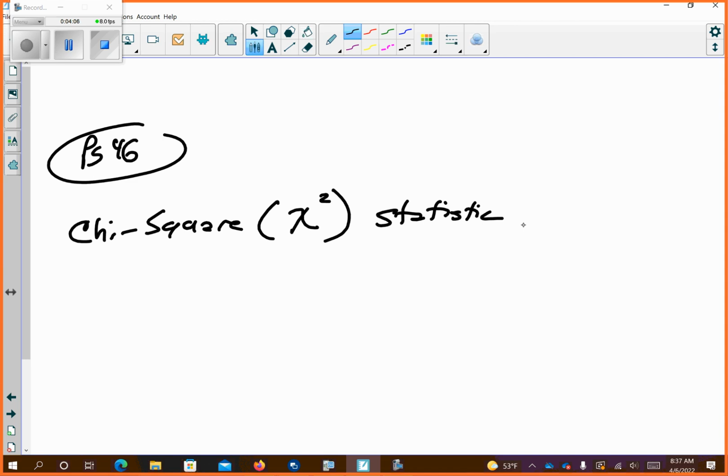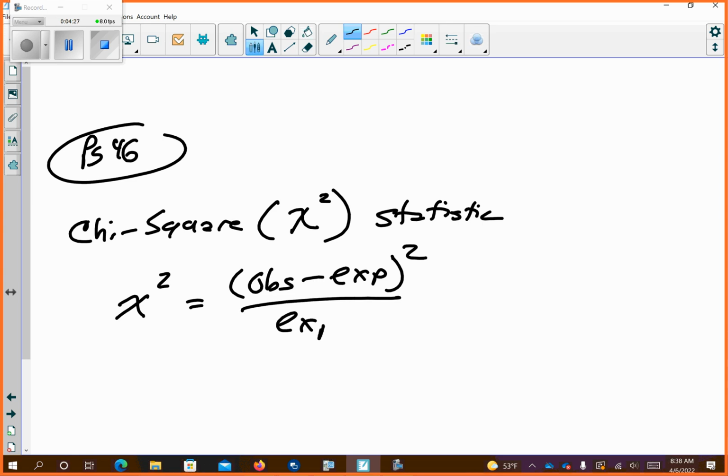This is not a tough thing because it's more of filling out a chart. And what they do for the chi-squared, so this is like a weird looking X, I can't make it as nice of a Greek letter, is you have the observed score minus the expected score, quantity squared, divided by the expected score.